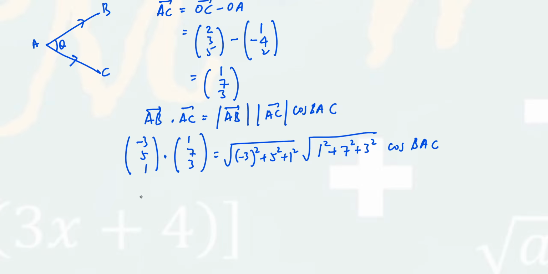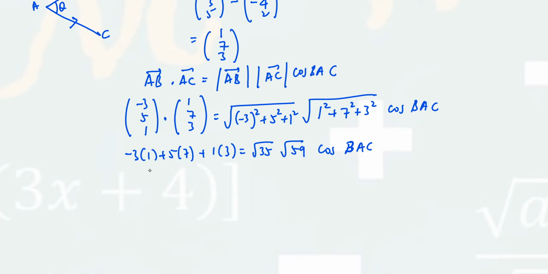So the left hand side will be minus 3 times 1 plus 5 times 7 plus 1 times 3. The first square root is square root 35. The second square root is square root 59. And then cos BAC. On the left hand side, minus 3 plus 3, the first and last terms give 0. So I will get 35 equals square root 35 square root 59 cos BAC.